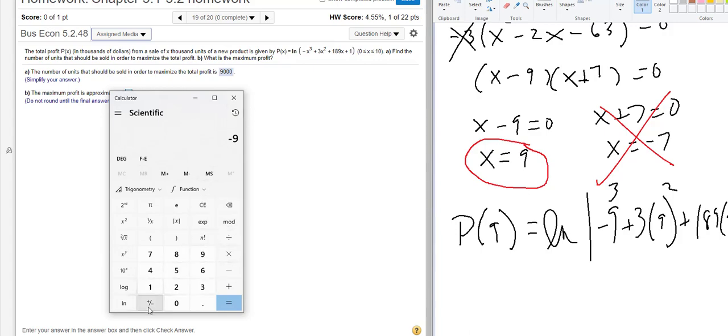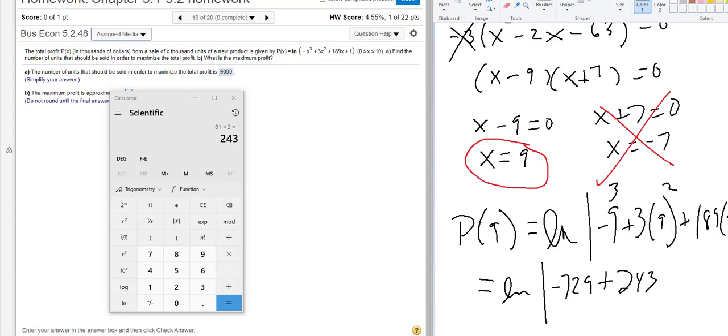I've got 9 to the third negative, that's negative 729. So the natural log of negative 729 plus, 9 squared is 81 times 3, that's plus 243. And then 189 times 9 is plus 1701, plus 1.